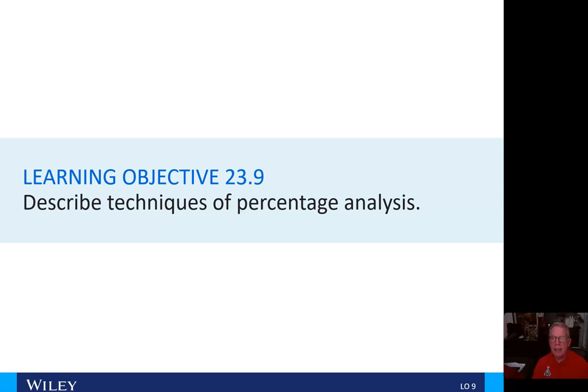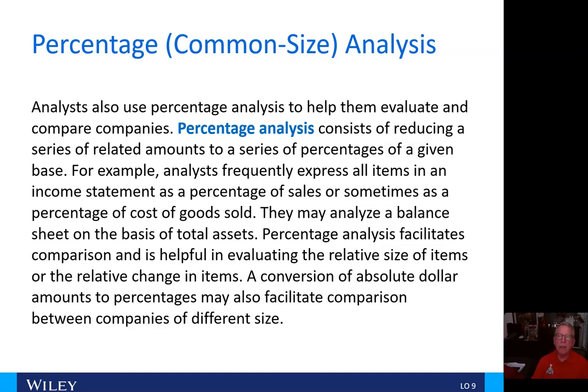All right, techniques for percentage analysis. Here, analysts also use percentage analysis to help them evaluate and compare companies. Percentage analysis consists of reducing a series of related amounts to a series of percentages of a given base. For example, analysts frequently express all items in an income statement as a percentage of sales, or sometimes as a percentage of cost of goods sold.